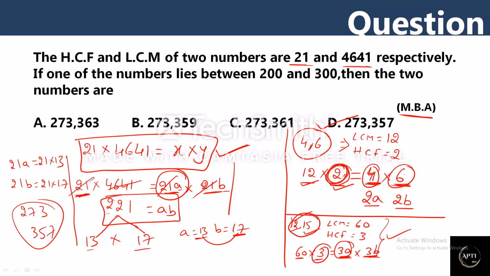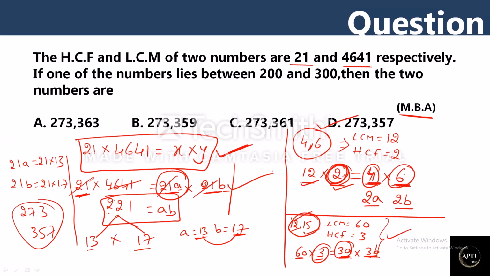I have explained all this so you understand the rule of how to take 21a and 21b, which is a most important and most frequently asked question in competitive exams. You may doubt, sir, is doing all these things really necessary? Of course.